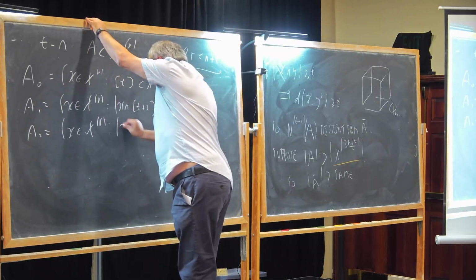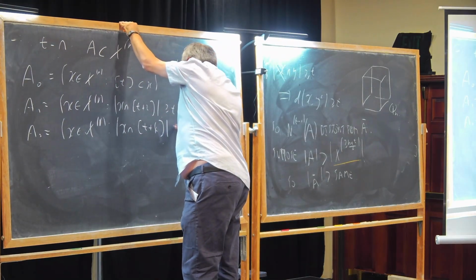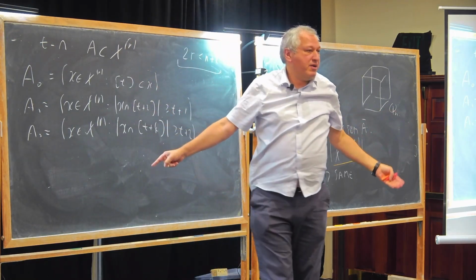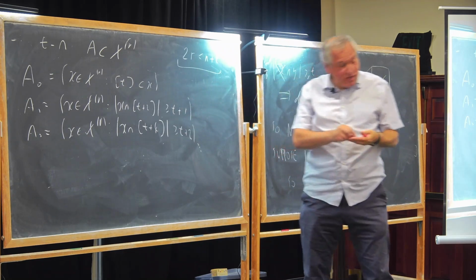So x intersect t plus 4, t plus 2, and so on, until you start picking more points per set. Okay, let's try it.